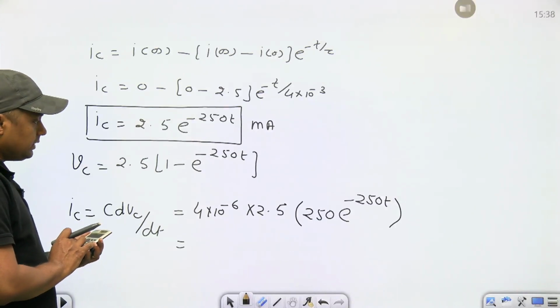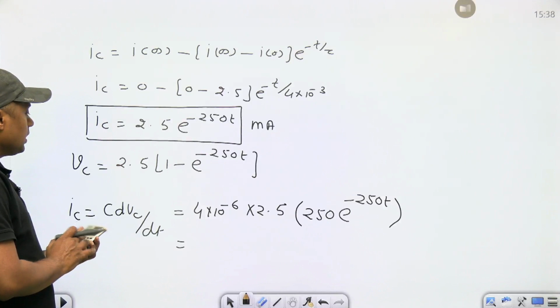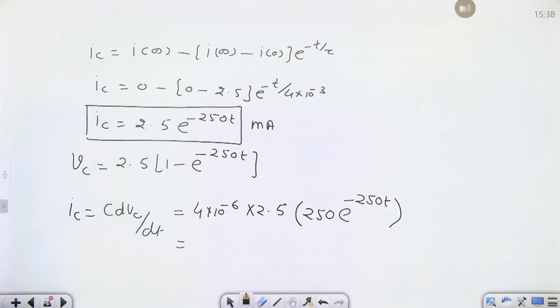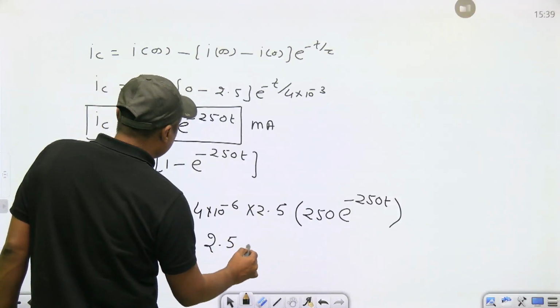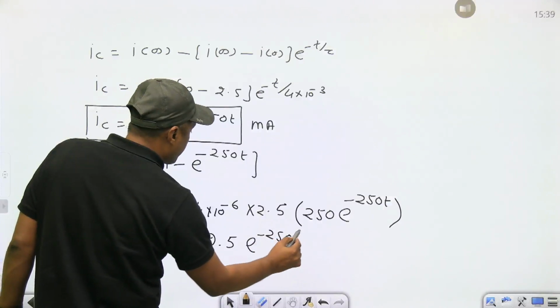Okay, then arrange it, because already we have done these values. Okay, 1 minute. That is the time in millisecond, and this is the microfarad. It is given 4 into 10 raised to power minus 6. You can convert it into millifarad. Then finally you will get this answer: 2.5 e raised to power minus 250 t.